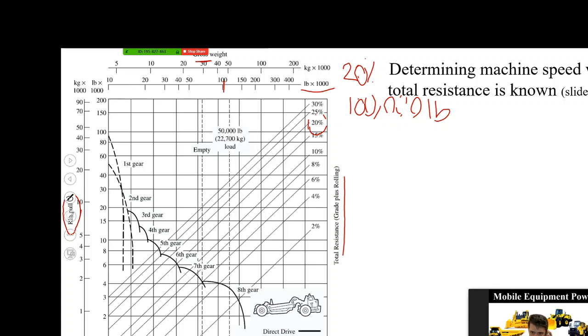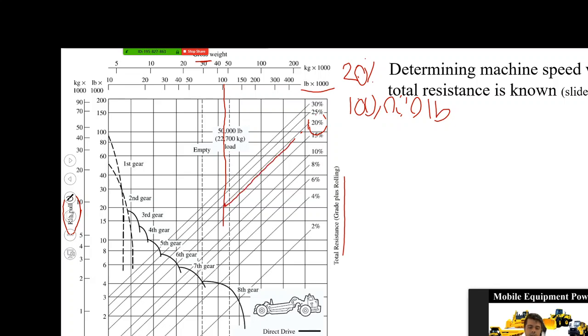Okay, so the first thing you need to do is to find where that diagonal grade line will intersect the vertical line that you draw here. So the 20% will intersect at this point.